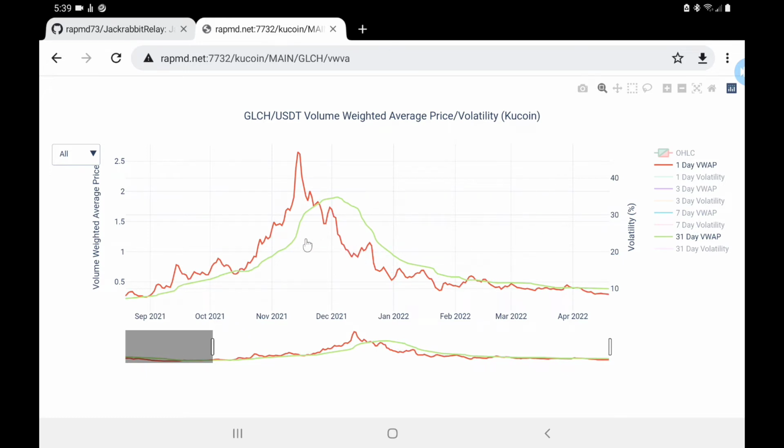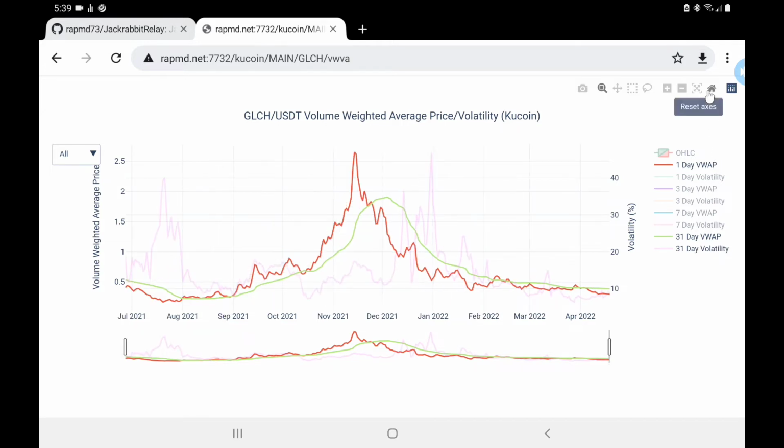So this chart is packed full of information, and it's just a matter of how you wish to use it. And of course you can reset the whole chart, and you see that the 31-day volatility reached 40% on December 31st of 2021.